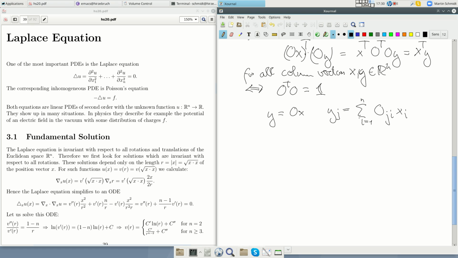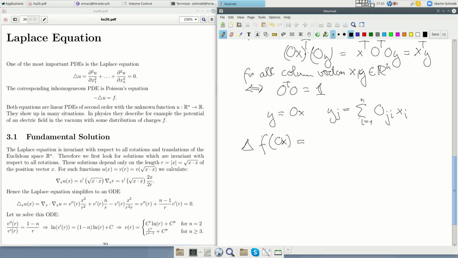Now we want to look at the function f of Ox, and let's calculate the Laplace operator.